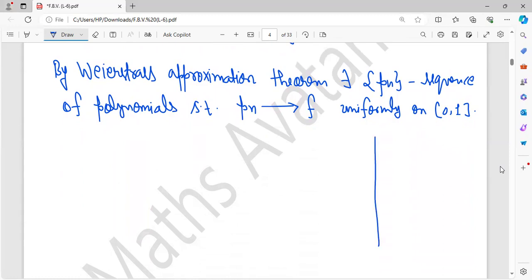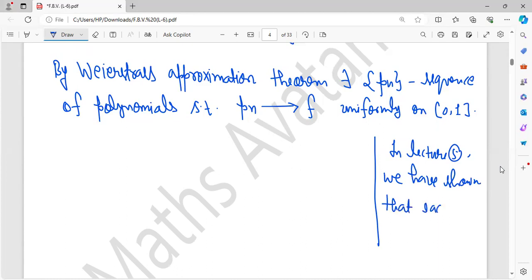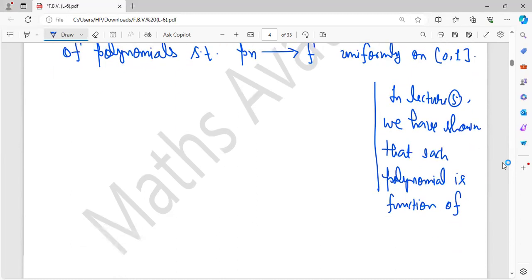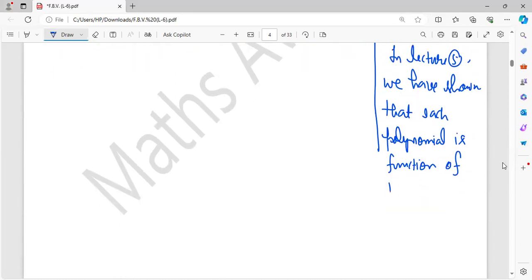In lecture 5, we have shown that each polynomial is a function of bounded variation on closed interval AB.